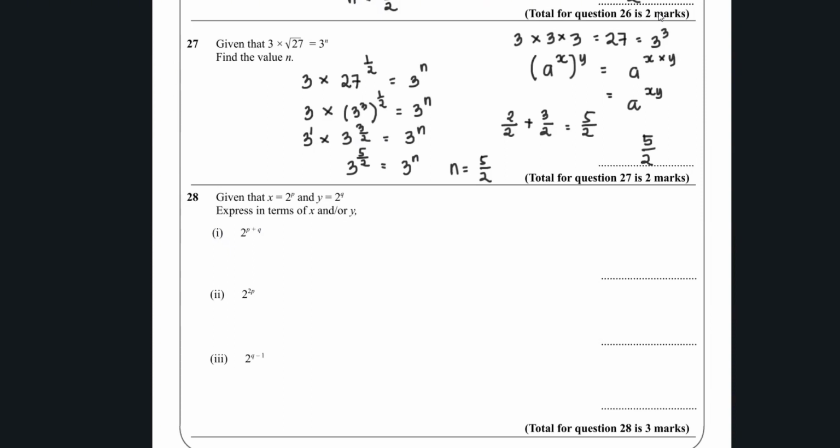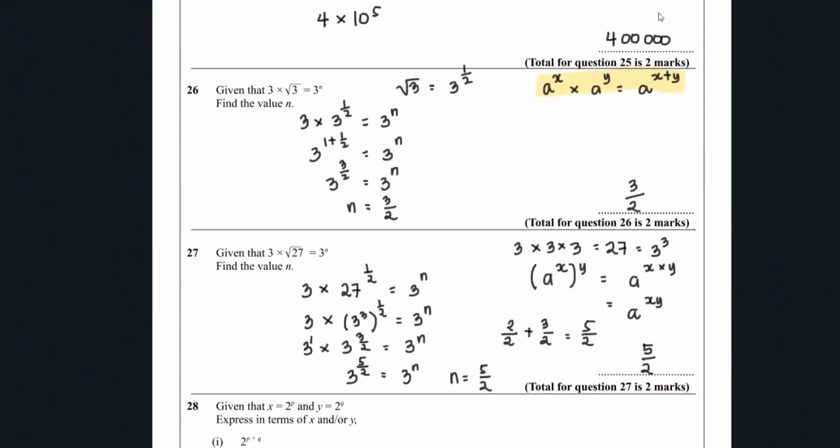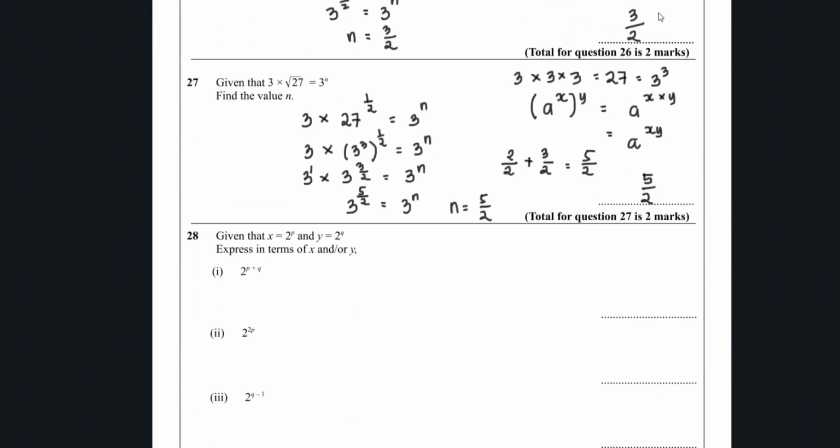All right. So going back to the rule that we have here, where they have the same base, we simply add the powers. We're going to work backwards, right? So if that's 2 to the power of p plus q, we can then write that as 2 to the power of p times 2 to the power of q.